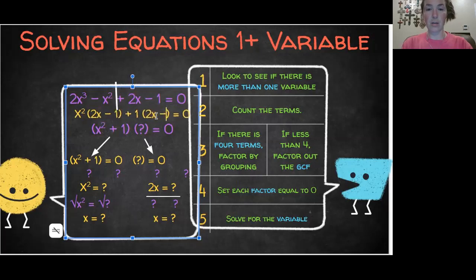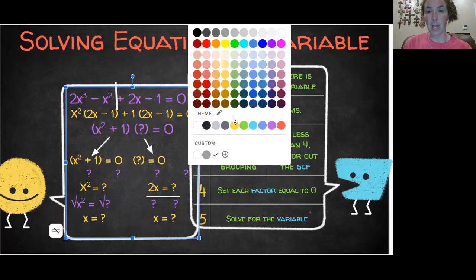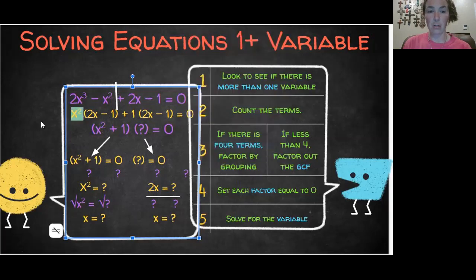So 2x minus 1. Now, I will tell you, if you do it correctly, these sets of parentheses should be exactly alike if you did factoring by grouping correctly. So now you're going to take this term that's outside of the parentheses, and I'll highlight it green.